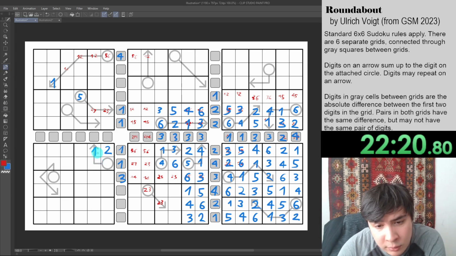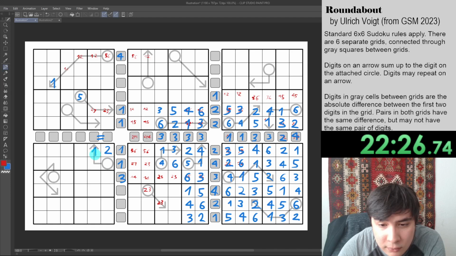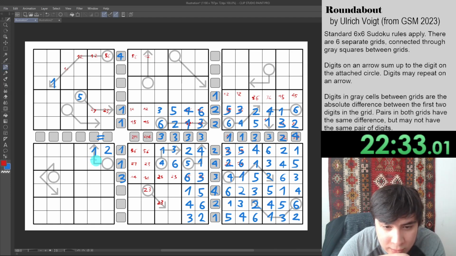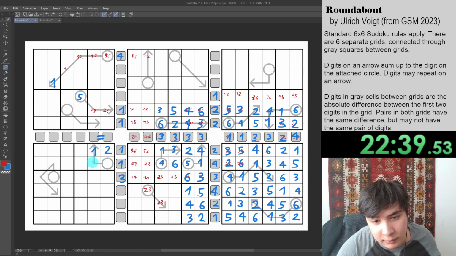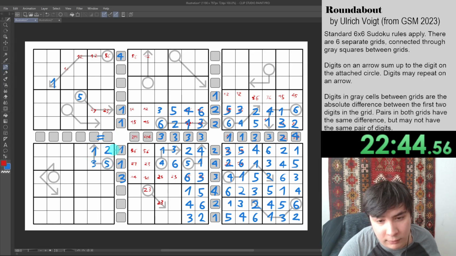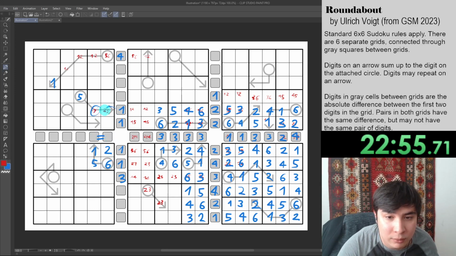An interesting thing to point out here is that these numbers are going to be the same. Because if this is a 1, we either have a 3 and a 4, that means both of these are going to be a 2. We can have a 3 and a 5, 3 and a 4. We can have a 4 and a 5. That means both of these are 3. If we have a 5 and a 6, both of those are 4, but that can't happen because one of these is 3.